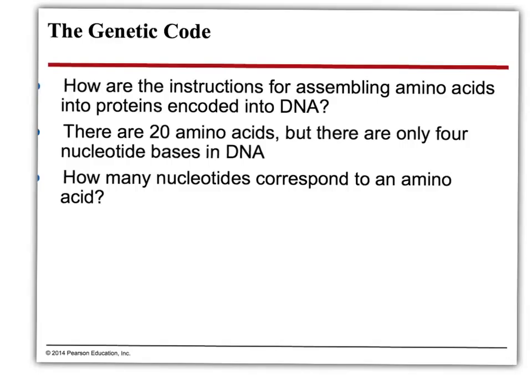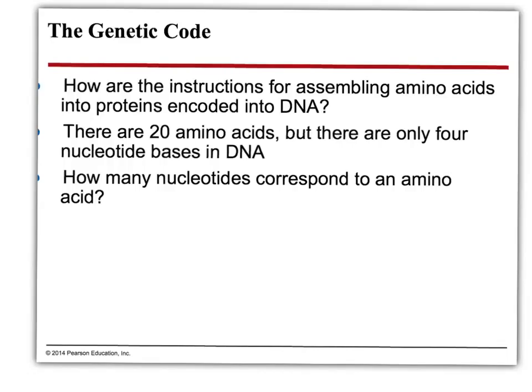The RNA is going to transcribe that code, and that code is in 3 base pair words. Each of those 3 base pairs codes for a specific amino acid, which then determines the sequence of the protein, the primary sequence.